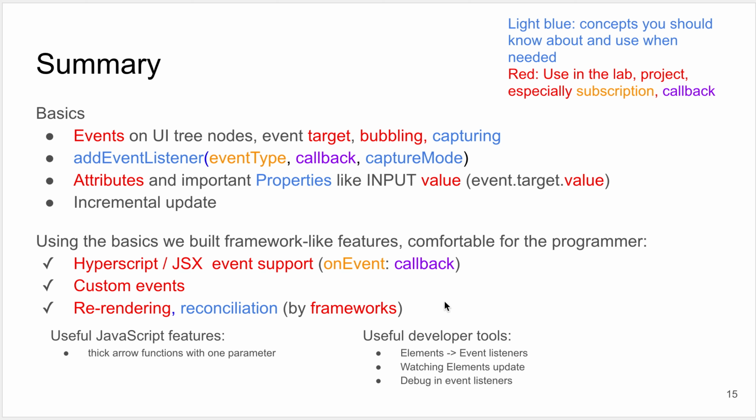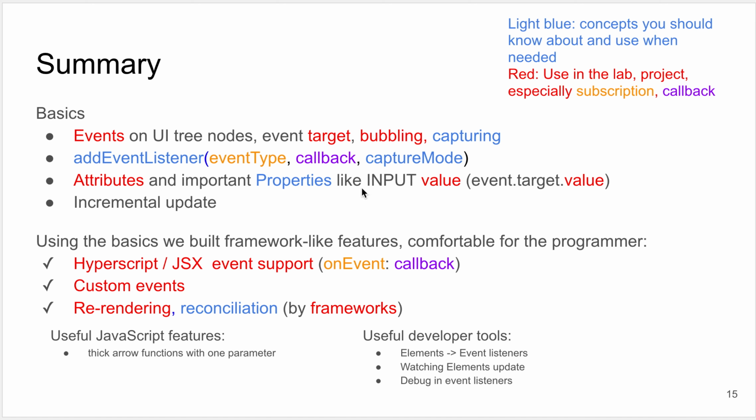To sum up, we have looked at how events are supported in Hyperscript and JSX. We will use subscription and callback a lot in our code in different ways, not just for events. Custom events are important, and the idea that our interface is re-rendered, and the reconciliation.